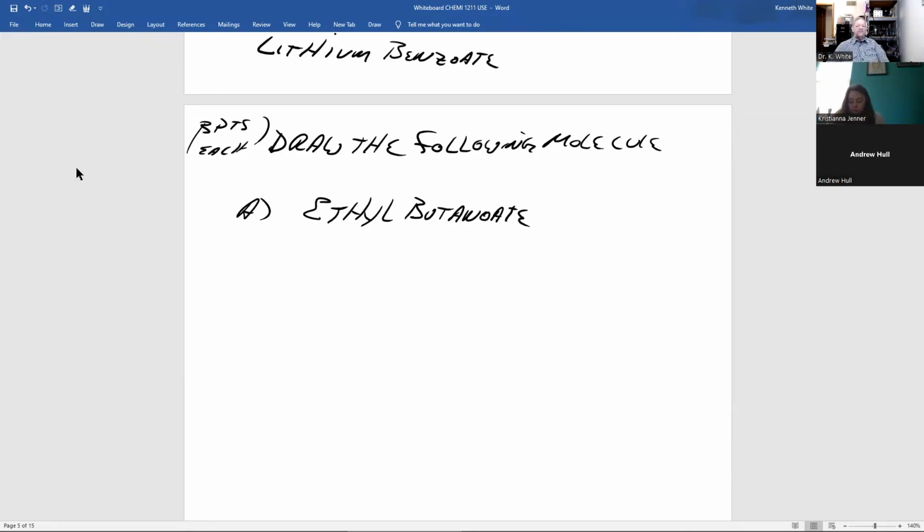And the question is, draw the following molecule. Well, how do you do that? Well, organic chemical names, you start from the right and move left.